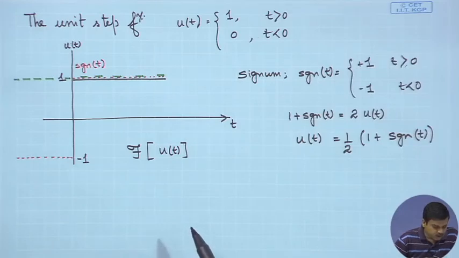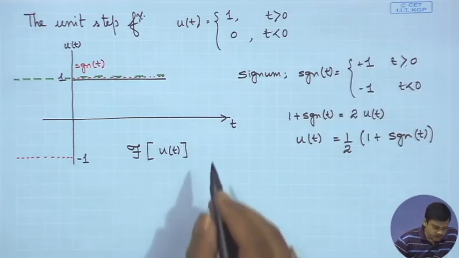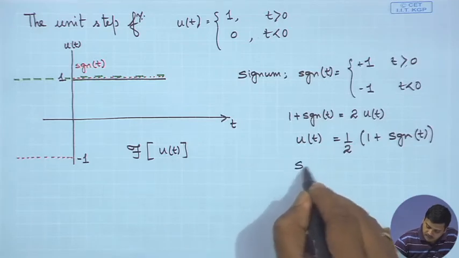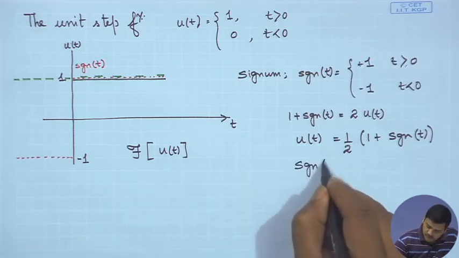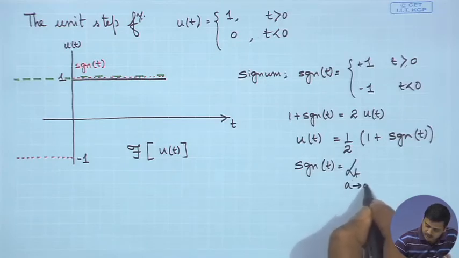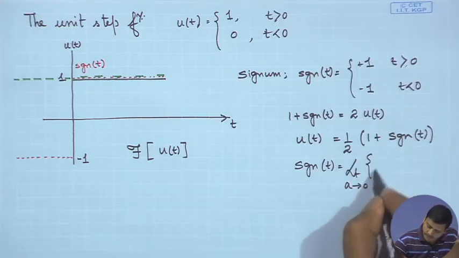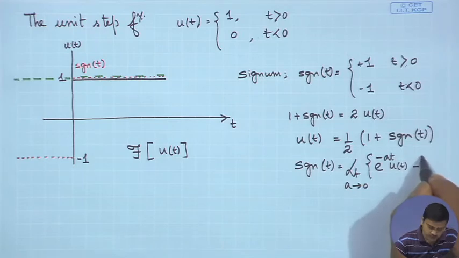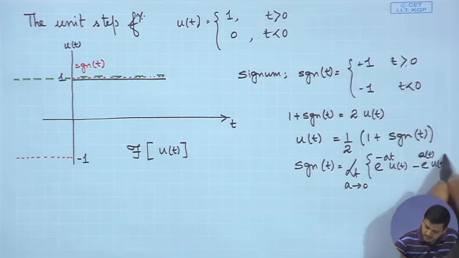To improve the situation, we take an approximation of the signum function, and the SGN function could be approximated as the limit a tends to 0 of e to the power of minus a t u of t minus e to the power of a t u of minus t.